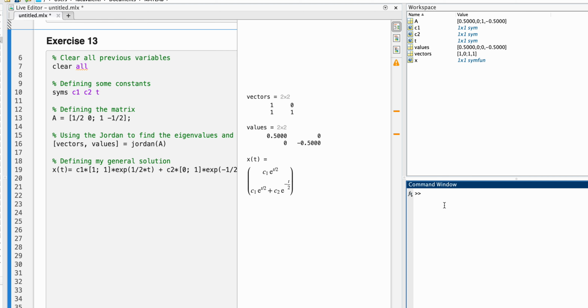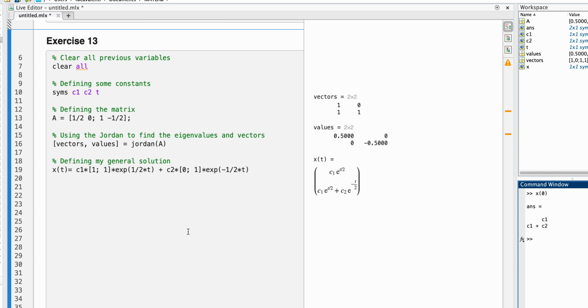Then if I put x of 0 here, it's going to put 0 here, and e to the 0 is just 1. So it's just going to have C1 at the top. At the bottom, it's going to have C1 times e to the 0, which is C1 times 1, plus C2 times 1 again. So this is what you get.